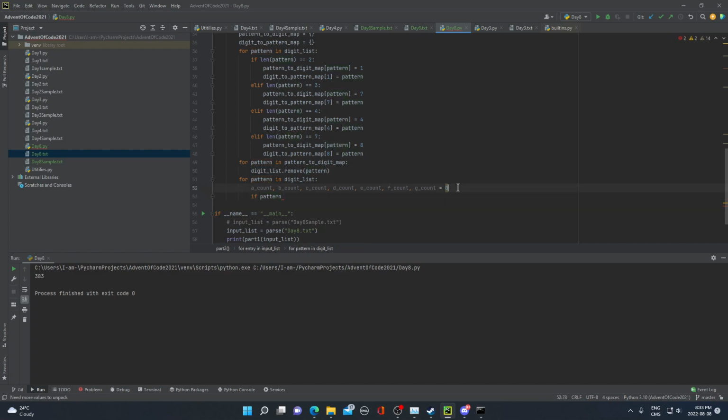Actually, this is too many if statements. I should just use the dictionary. And I can actually just initialize it to 0.